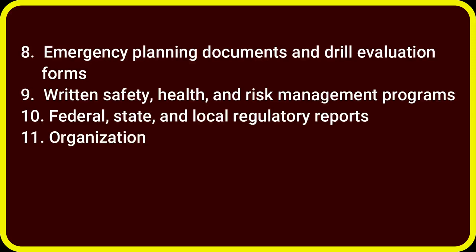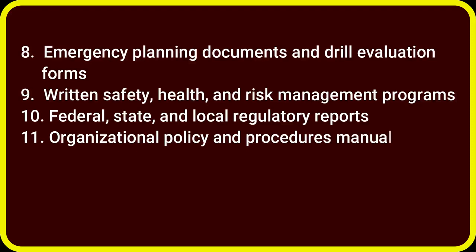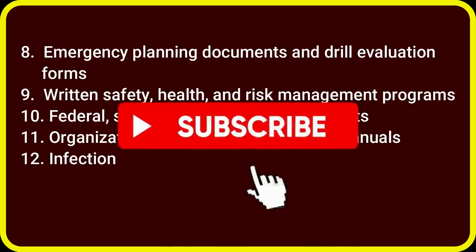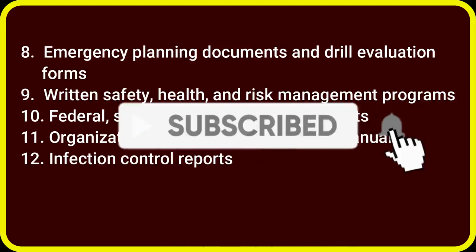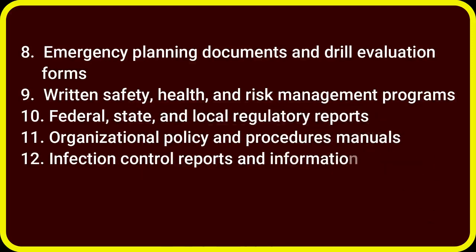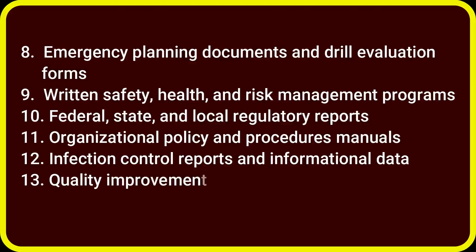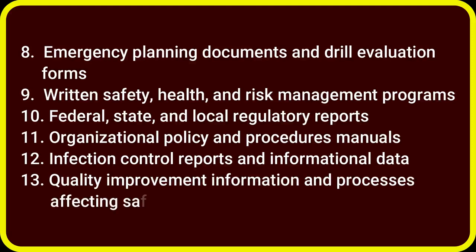Number 12, infection control reports and informational data. And number 13, quality improvement information and processes affecting safety. Before, I told you 16 points as fundamentals, and now these are the 13 points. These are essential for record reviews.